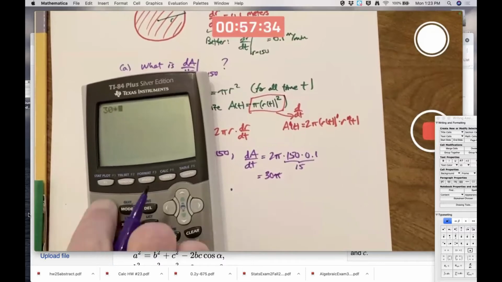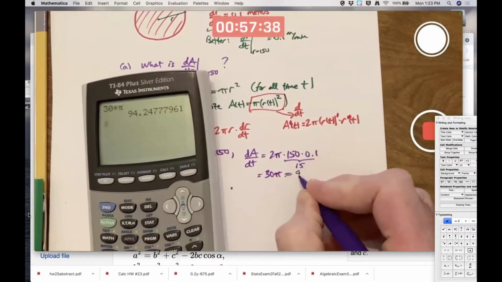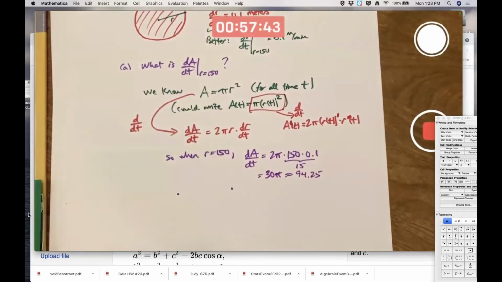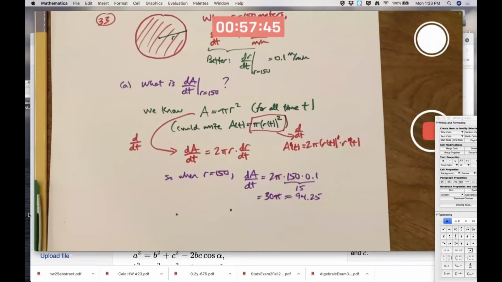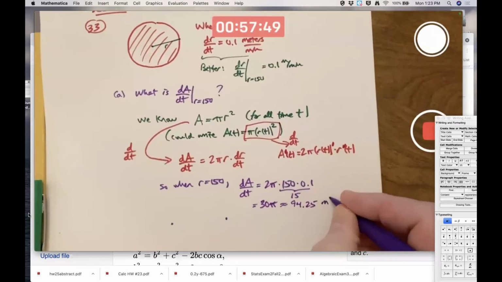Thirty times pi, it's about 94.25 units. The length is in meters, so the area's got to be in square meters. Square meters per minute.